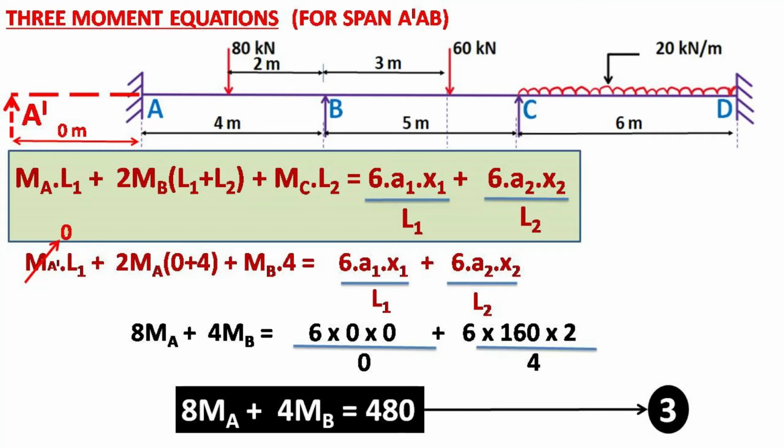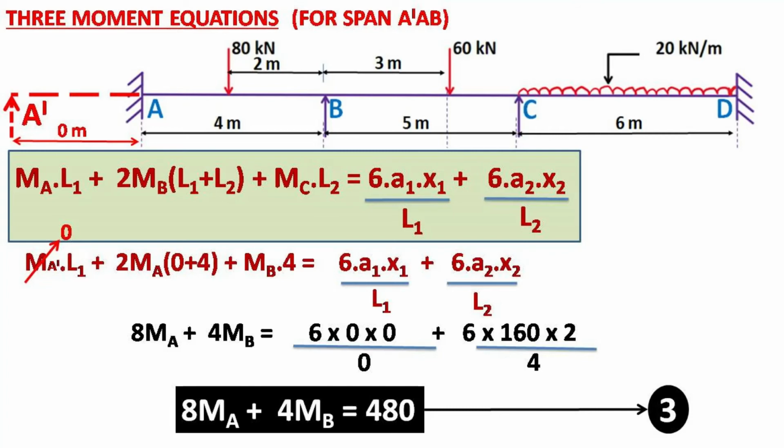Now, to generate one additional equation, we are considering a zero span AA dash towards A, as shown in the figure. Now applying the 3-moment equation to span A dash AB. The equation becomes MA dash times L0 plus 2MA times L0 plus L1 plus MB times L1 is equal to 6A0 x0 by L0 plus 6A1 x1 by L1.